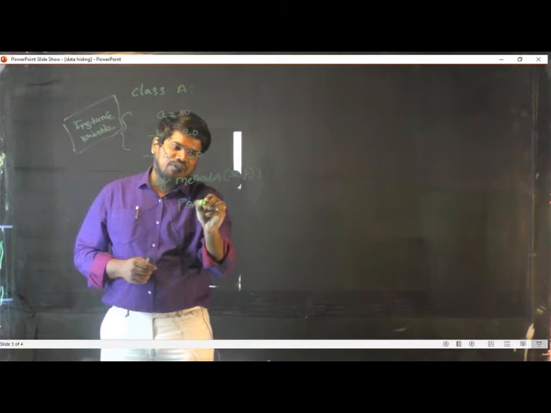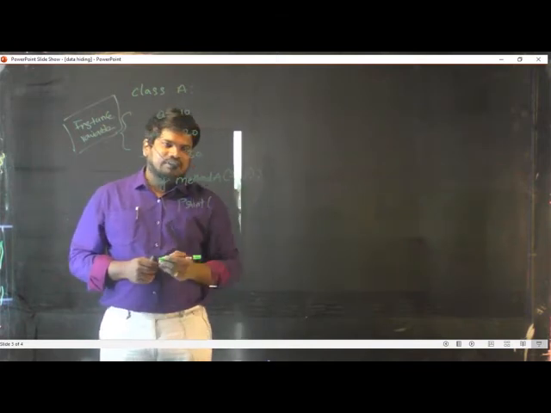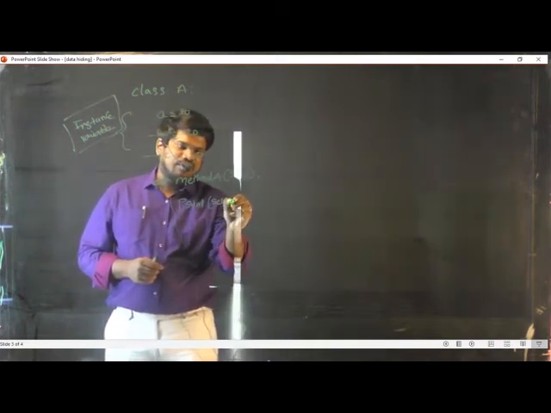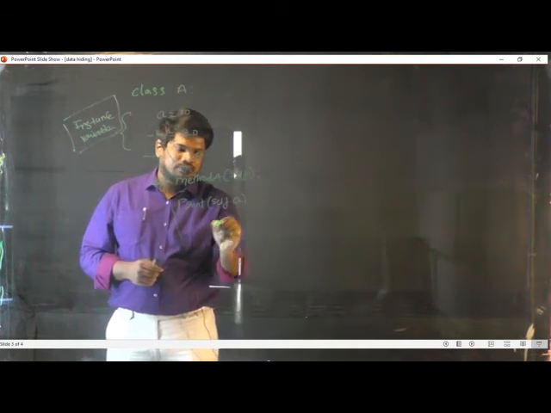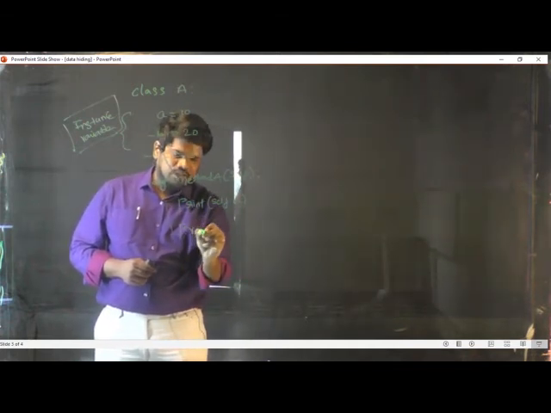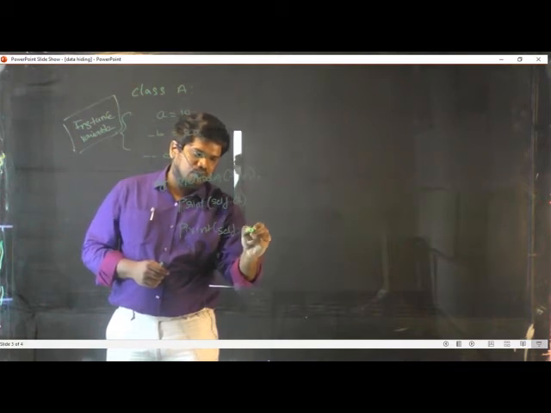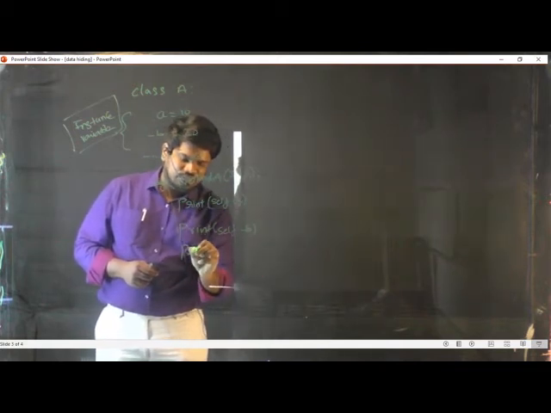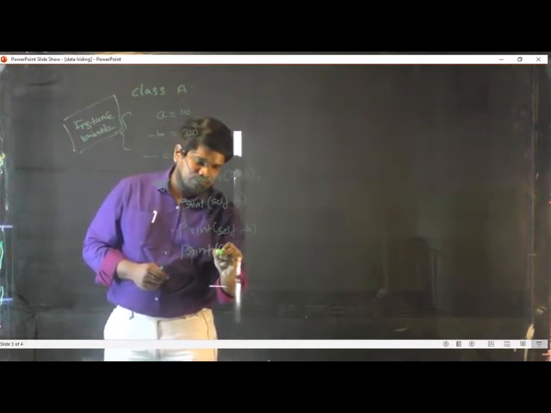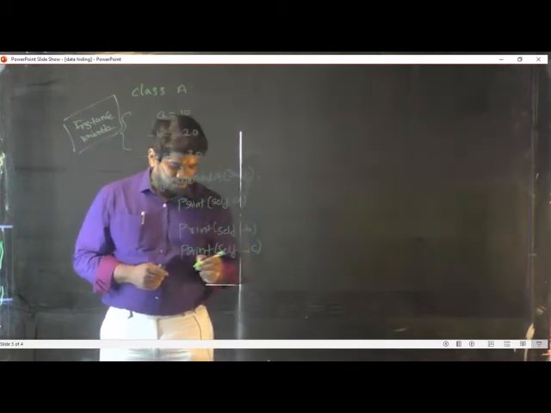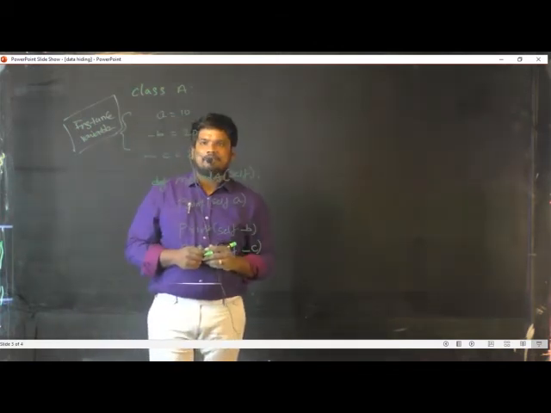I want to print the value of A: print of self dot A, then print of self dot underscore B, and print of self dot underscore C. So these are the three things I am taking.